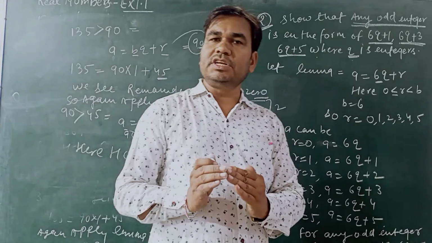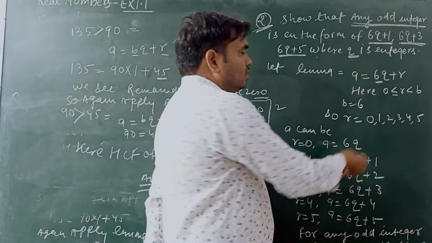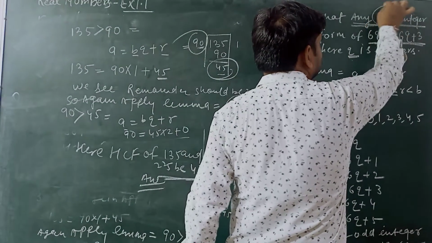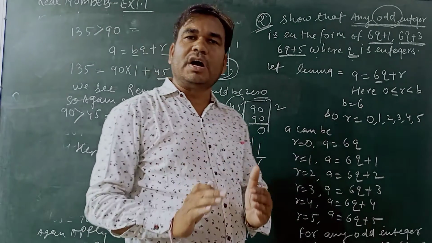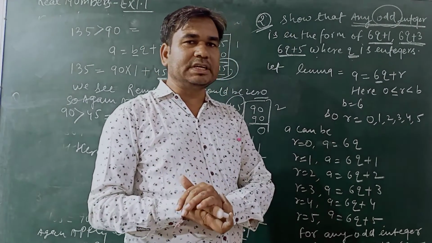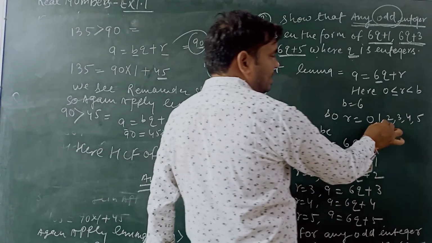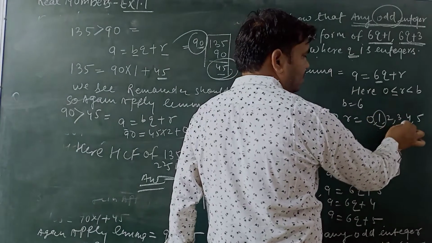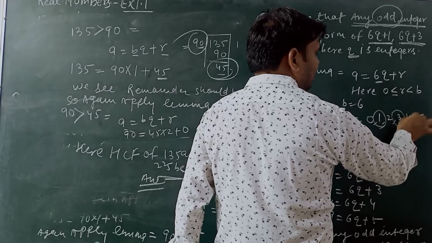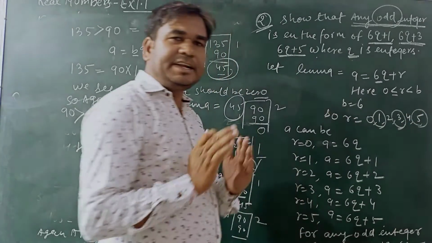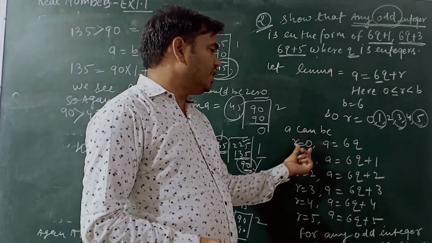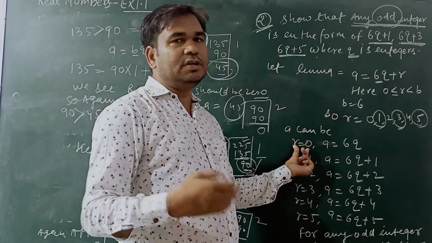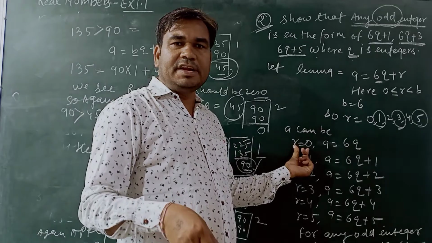And we have to notice here, students. If you want to find the odd integers, we can take the odd remainders 1, 3 and 5, and satisfy the lemma the same way. With r = 0, it means to say this is the even integer.